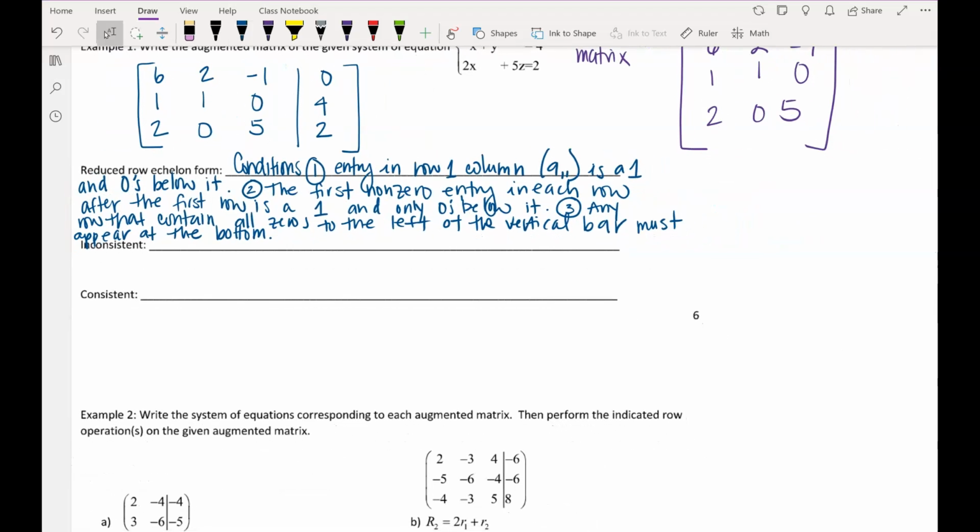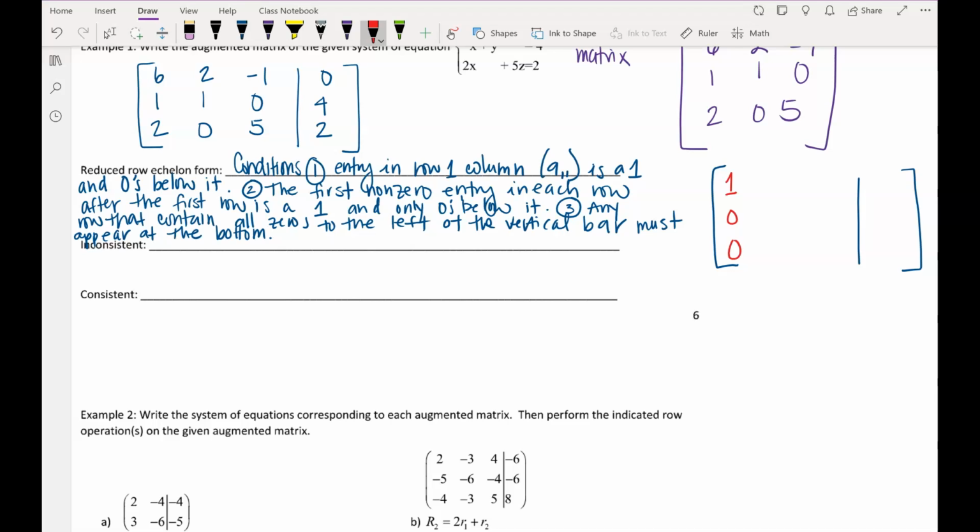reduced row echelon form. So I'm going to make a matrix like that. Now it says here, condition number 1, entry in row 1, column 1, it's a 1. So that means row 1, column 1, it's 1, and it says zeros below it, just like that.